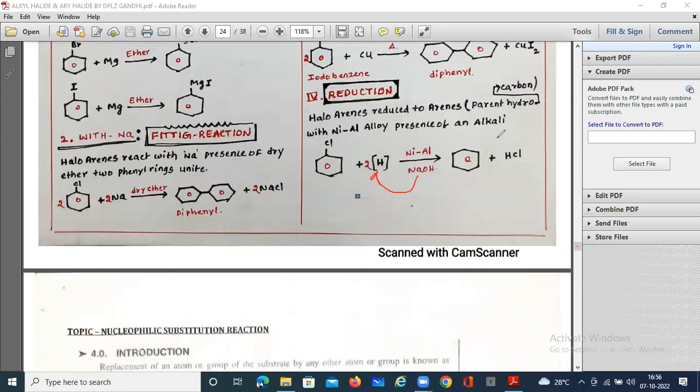Now the halogen atom is going to be replaced, meaning it moves out, and gives only benzene. So haloarenes are going to be reduced to arenes. Haloarenes are reduced to arenes through the reduction.